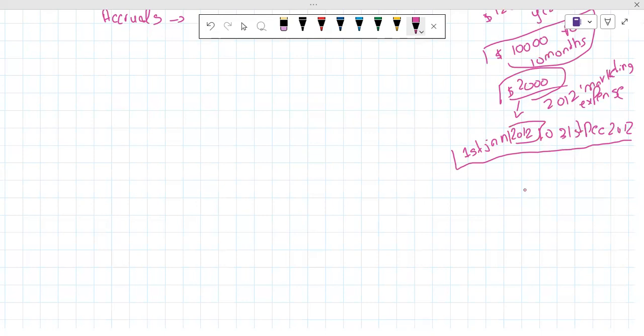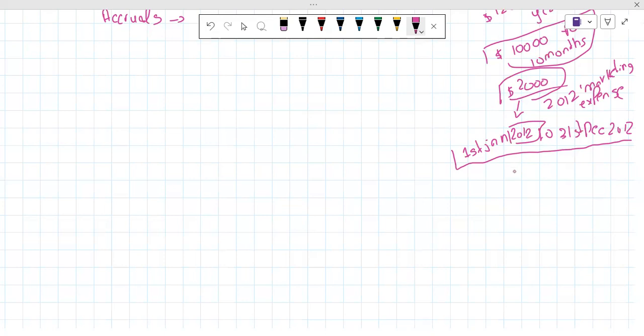For example, in your trial balance it is written that you have paid $10,000 as marketing expenses, and in the adjustment section in the notes, you will find that $2,000 is an accrued expense to the marketing agency.